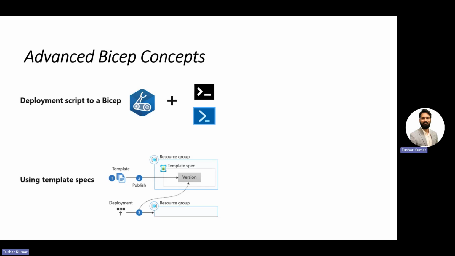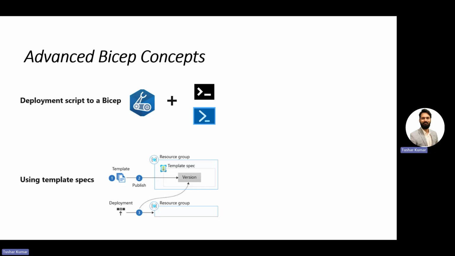Let's say you want to run some PowerShell commands, which can be like 10 different steps to configure a domain controller or enable something within a particular virtual machine, or 10 different commands to configure something on an app service.